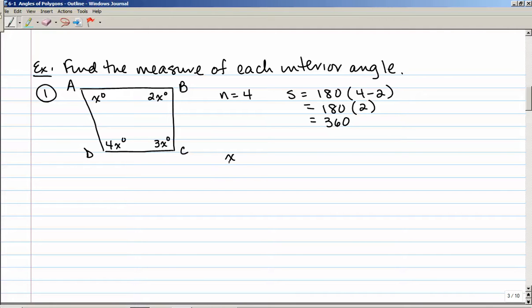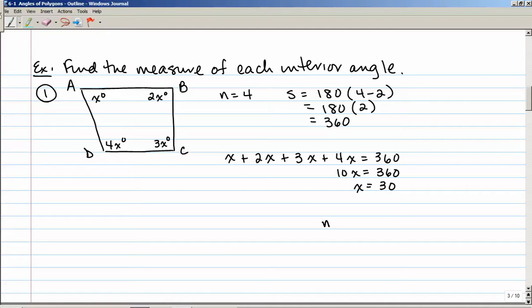So x plus 2x plus 3x plus 4x equals 360, or 10x equals 360, or x equals 36.